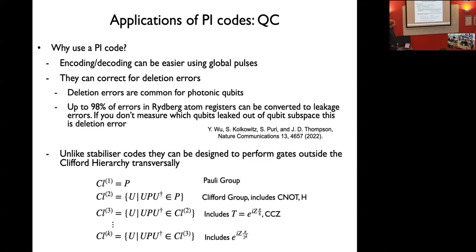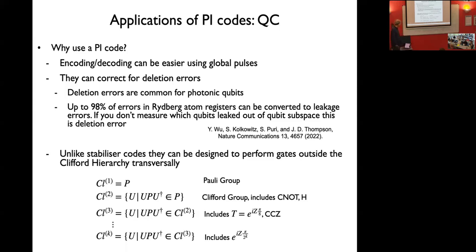The second level is the set of unitaries which map the Pauli group to itself under conjugation. That includes the Clifford group, such as the CNOT and the Hadamard, as well as the Paulis. The third level is the set of unitaries which map Pauli to the Clifford group, and that includes the T gate and the controlled Z gate and so forth.